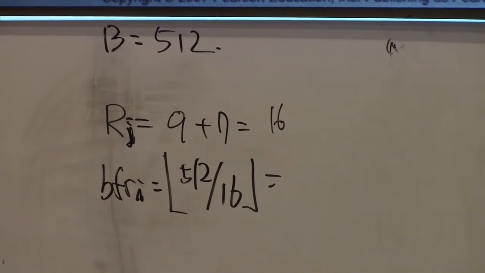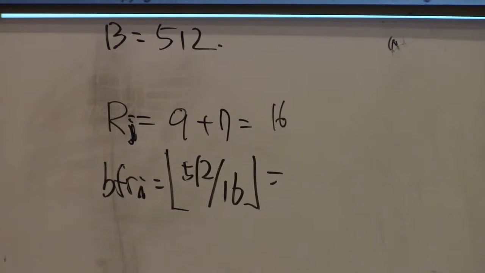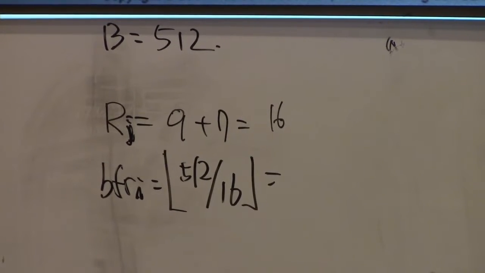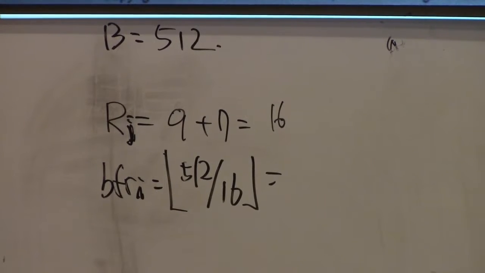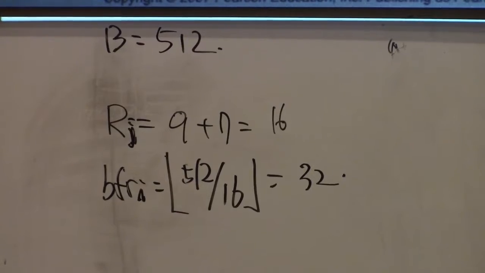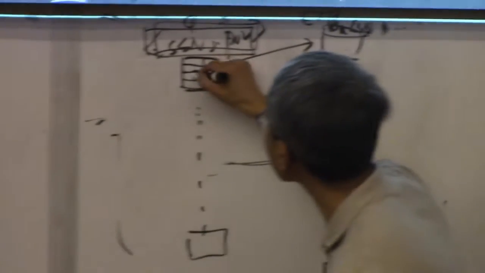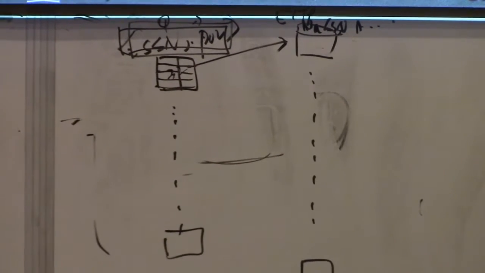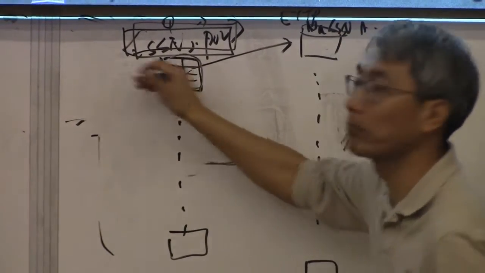Let me make sure. Divide by 16. It's exactly 32. So how many index key entries in one block? 32 index key entries. Okay, 32 social security numbers in one block.